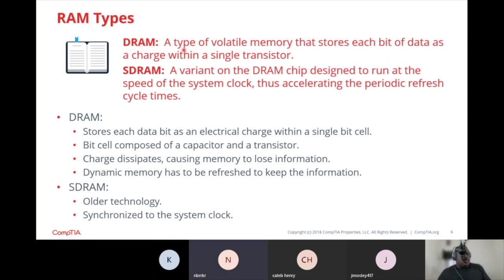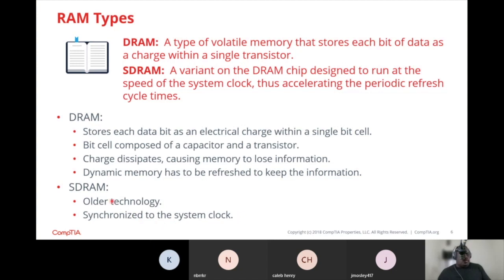DRAM or dynamic RAM, a type of volatile memory that stores each bit of data as a charge within a single transistor. SDRAM, a variant of DRAM chip designed to run at the speed of the system clock, thus accelerating the periodic refresh cycle times. SDRAM is older technology, synchronized to the system clock.